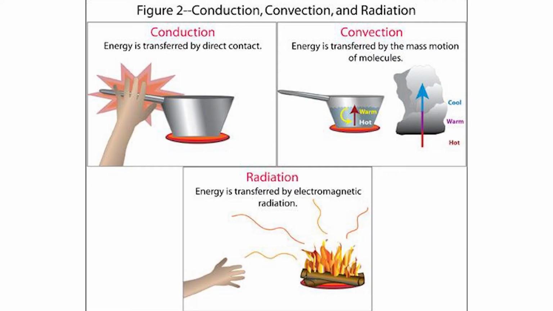Last time, when we met, we went over the 3 ways heat transfers. Heat transfers by conduction, which is heat by touch, convection, heat transfer by air, gas, or liquid, and radiation, heat transfer through electromagnetic waves.